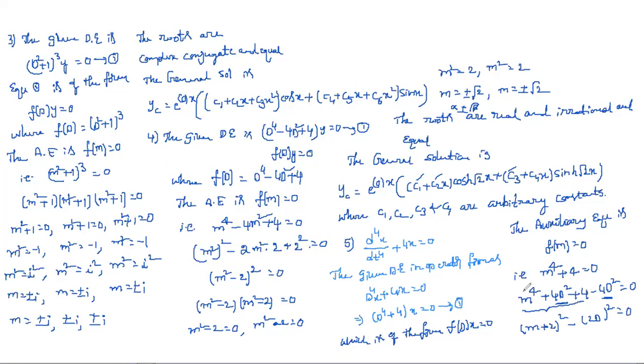See here, up to this one, I wrote it as m square plus 2 whole square minus 4m square, which I wrote as 2m whole square. Are you getting the same thing or not? m power 4 plus 4m square plus 4. Now, is this in the form of a square minus b square or not? Simply we can write a minus b into a plus b.